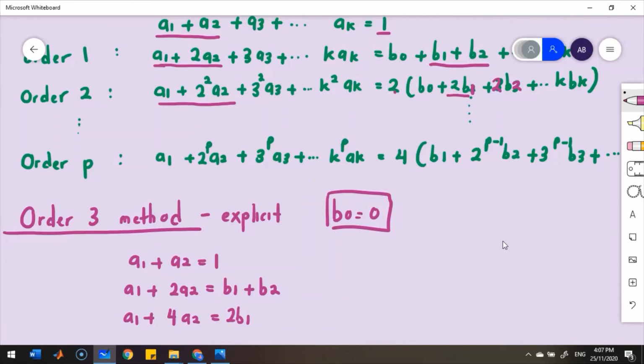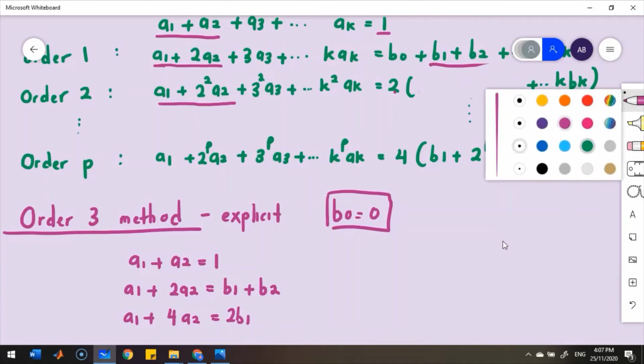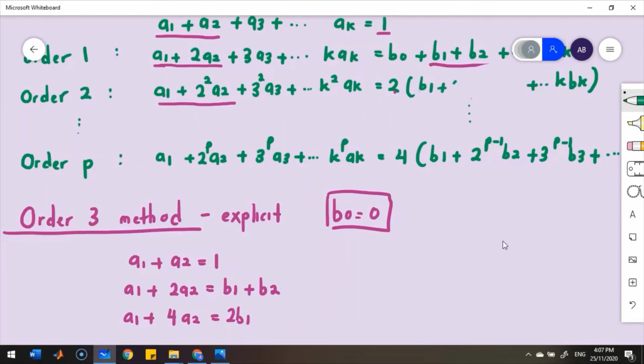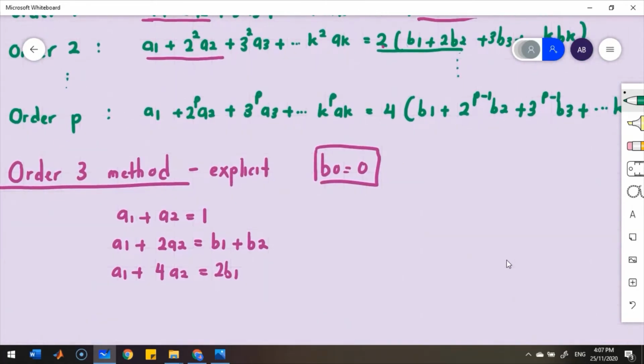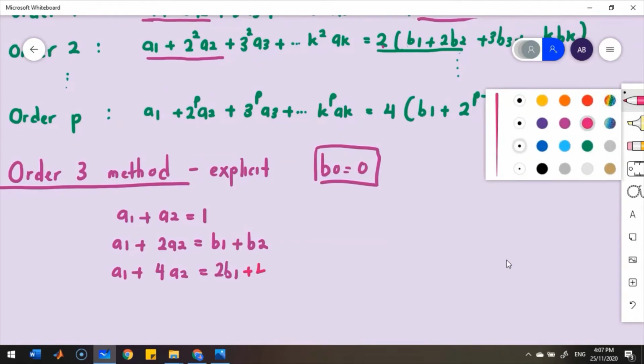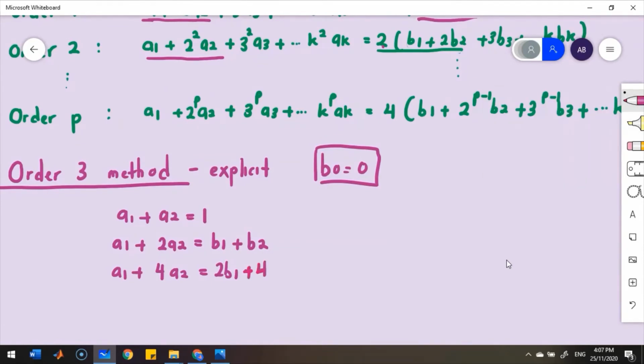B1 for order 2, so let me fix this first before I write it out. For odd, it should be B1 plus 2B2 plus 3B3, not B0 anymore. So I have these two terms here, 2B1 plus 4B2.